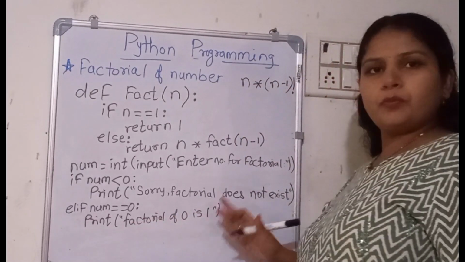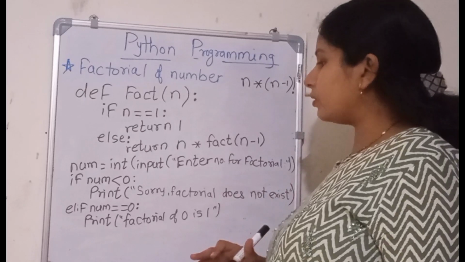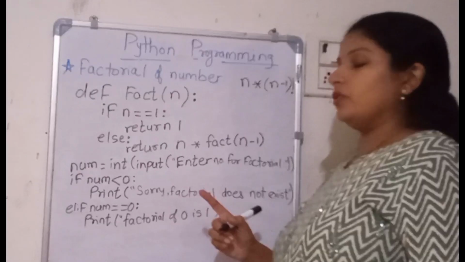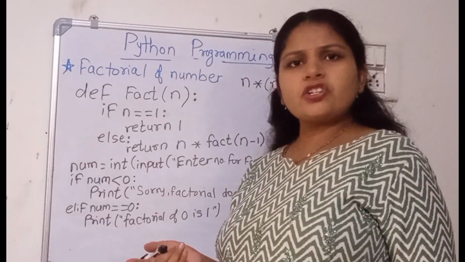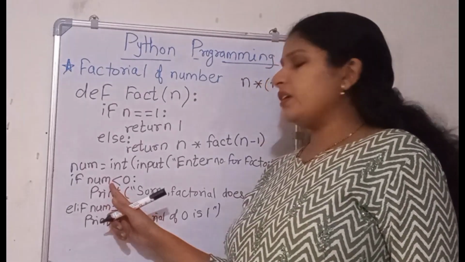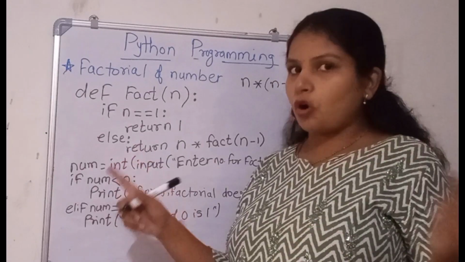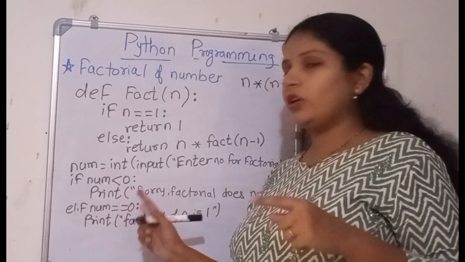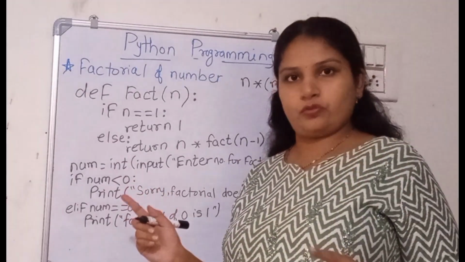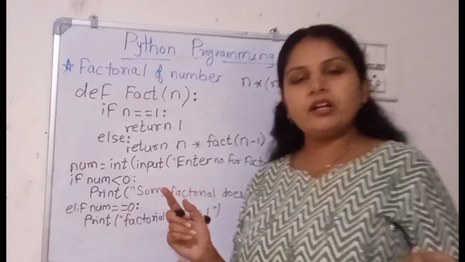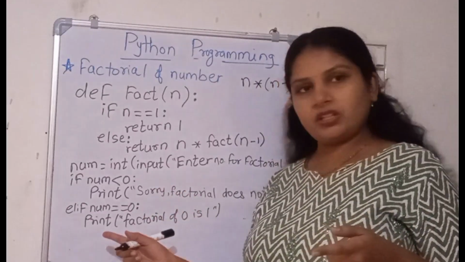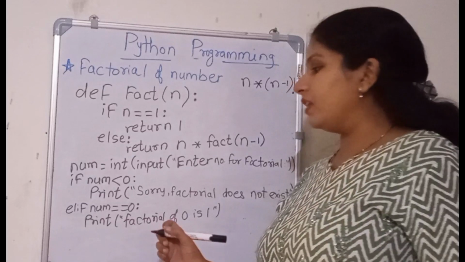You can just put the message for the user. Last condition, so only one condition is remaining. If the number is not less than 0 and not equal to 0, the number is a positive number. So this is the default condition. You don't need to put the condition here, just put it in the else part.